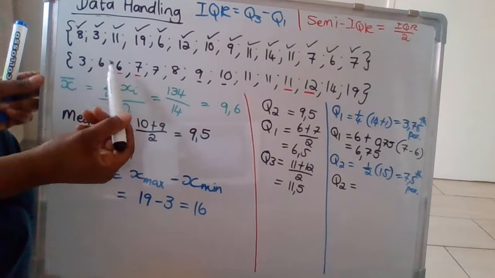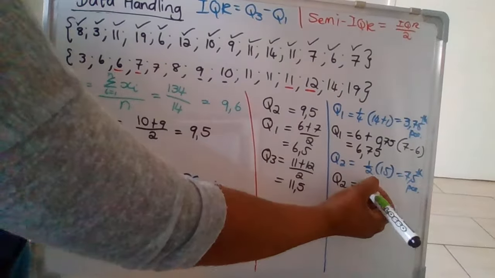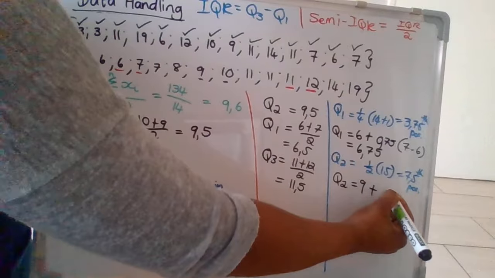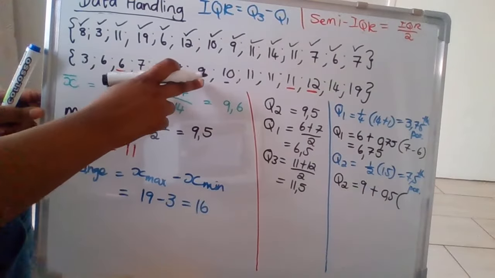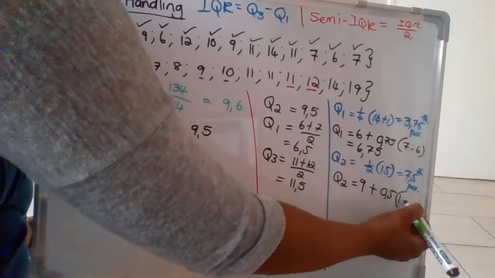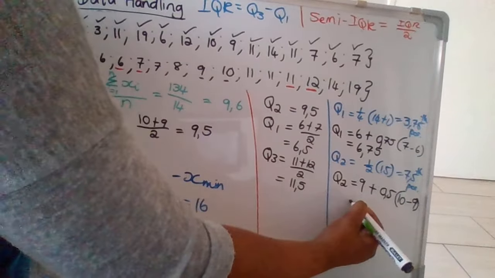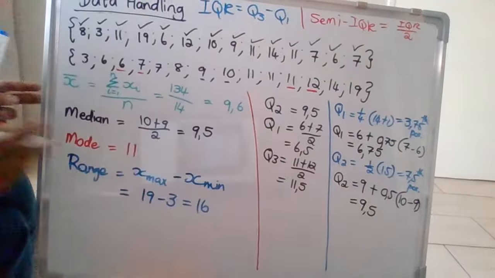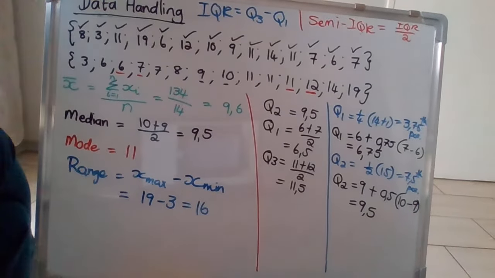So I count 1, 2, 3, 4, 5, 6, 7. 7th position, it's 9, plus I take away the 7 here, I'm left with 0.5. Then I take the 8th value, which is 10, and I subtract the 7th value, which is 9. So here, my median quartile is 9.5, just as we had calculated it before.